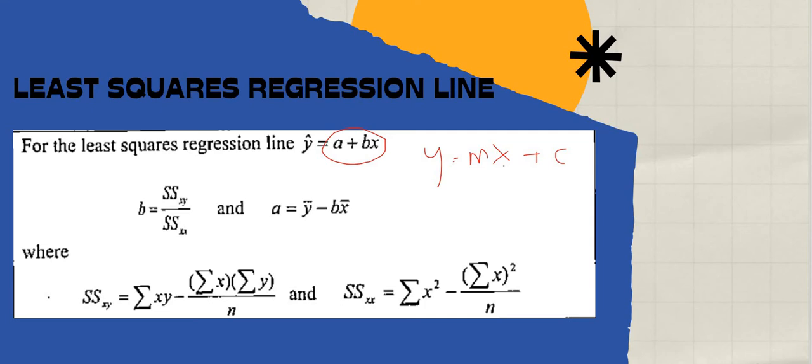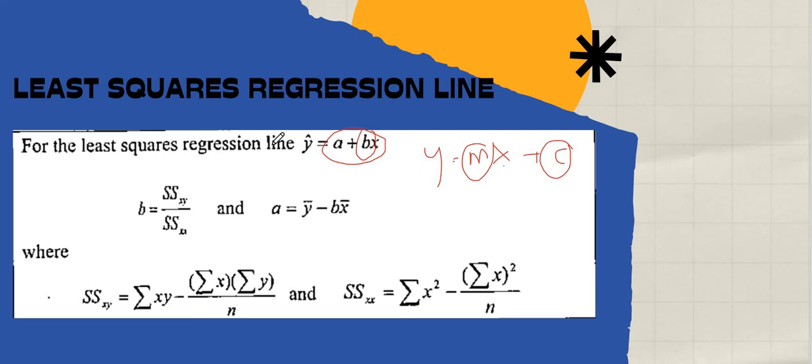So basically it's the same thing, just a different alphabet is used, but the meaning of the alphabet is the same. For example, m is equivalent to b. You can see b is the coefficient of x, same as m. m is the gradient, and c is the intercept. So it's just the usage of alphabet, that's all.